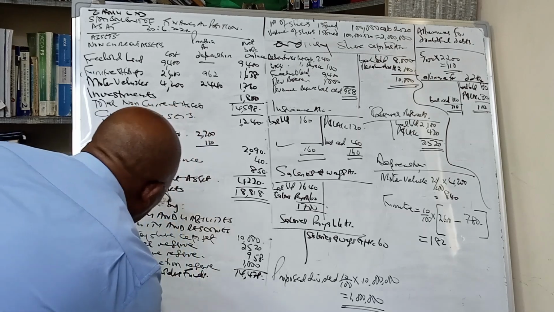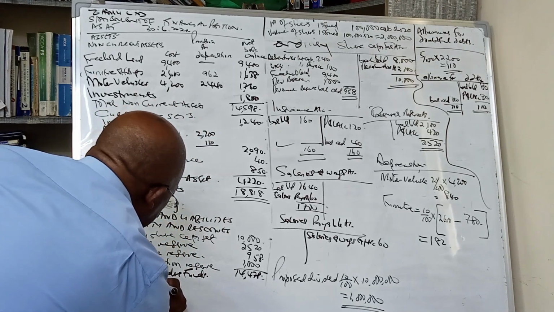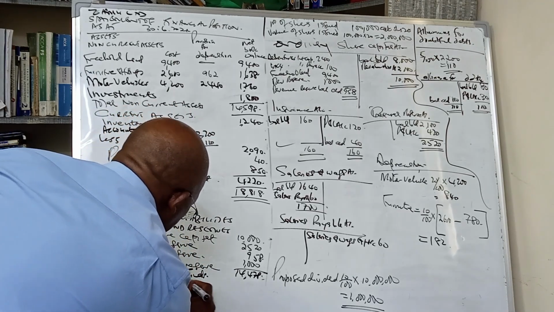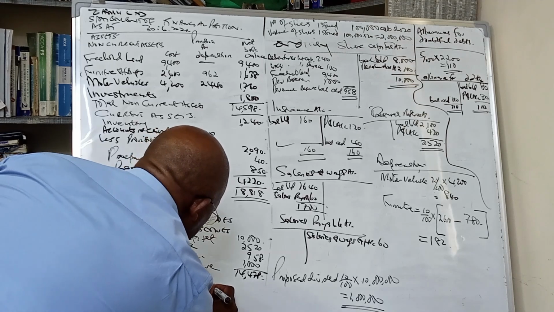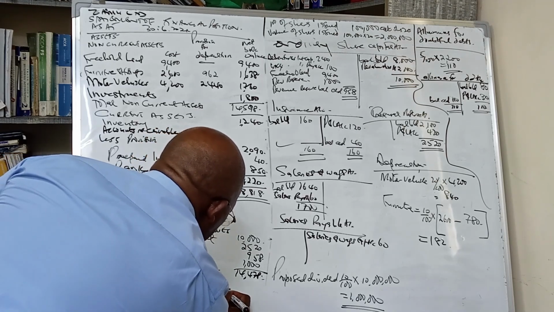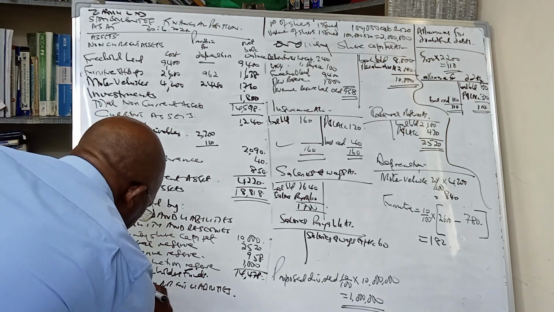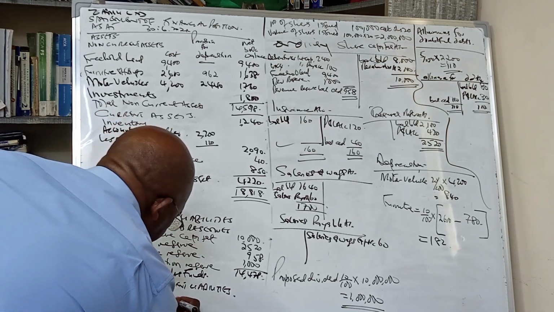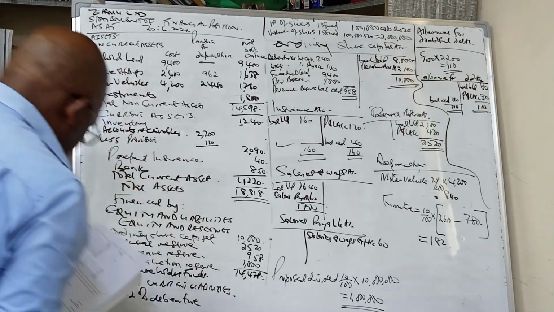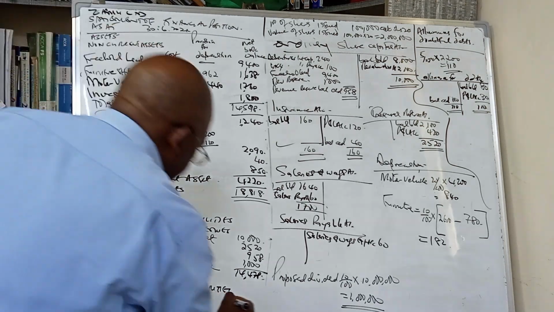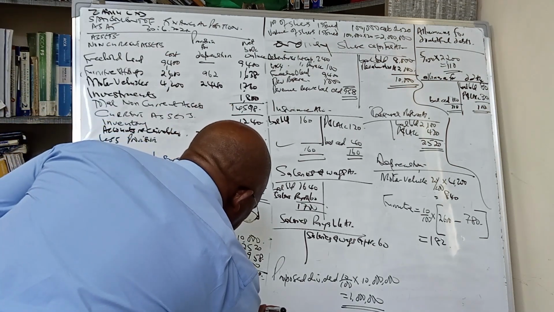Then we talk about non-current liabilities. It is only the 12% debenture. We say it amounts to 2 million.